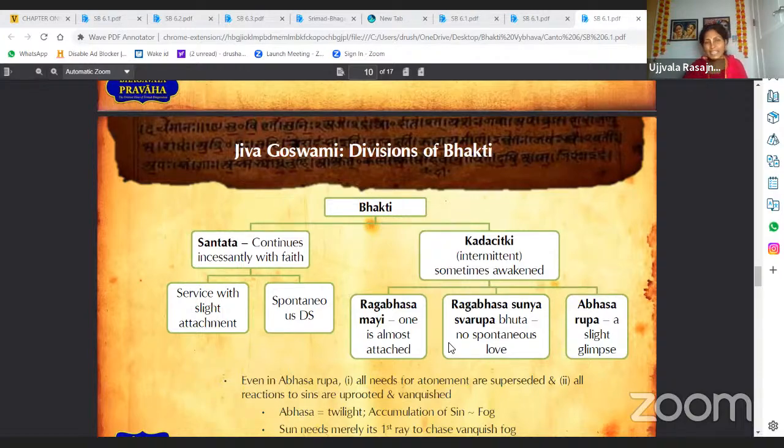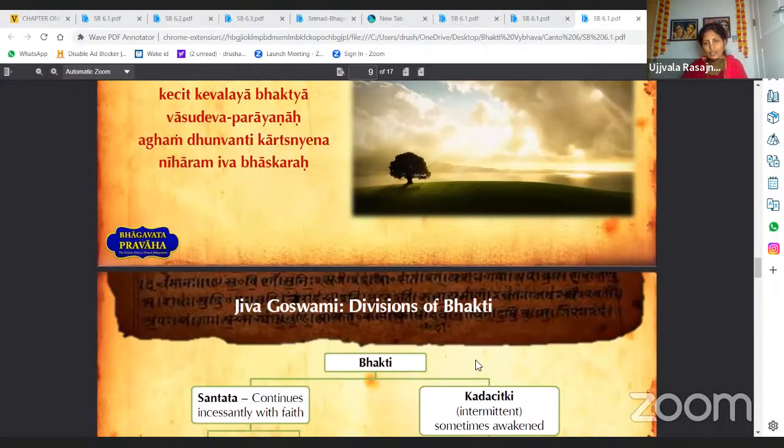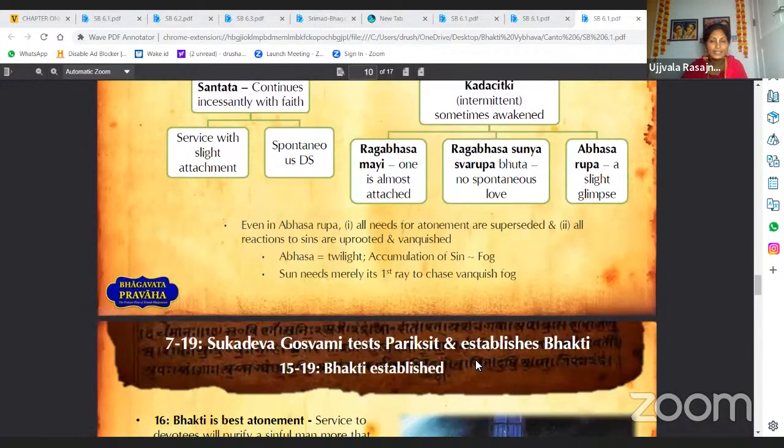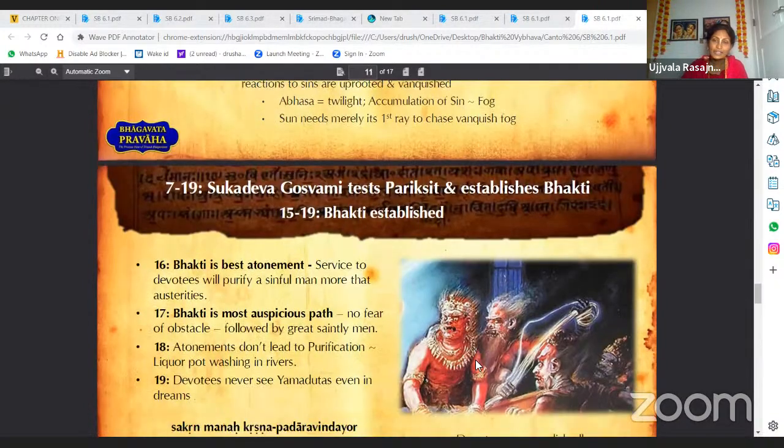So the point here is kechit, even the slightest bit of bhakti has that capacity to burn the sins completely. So that's the answer. Bhakti is the answer.